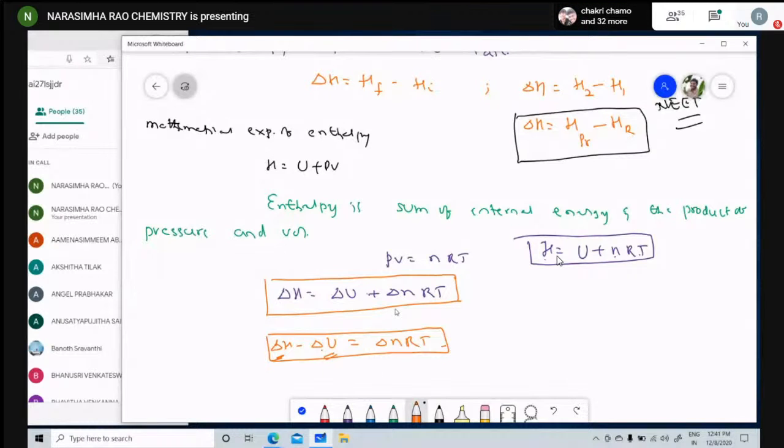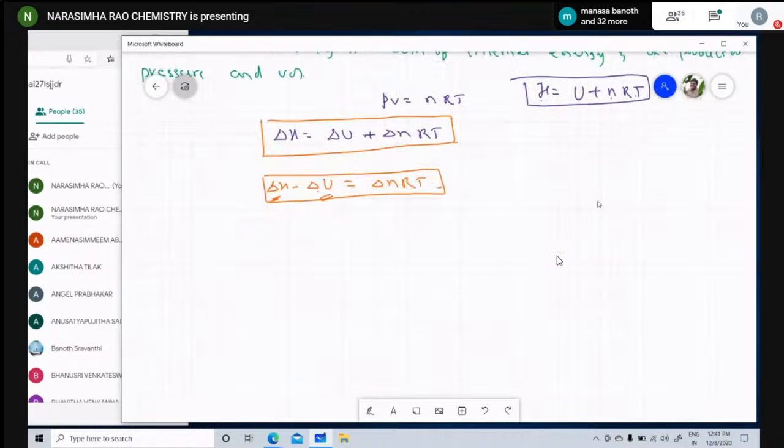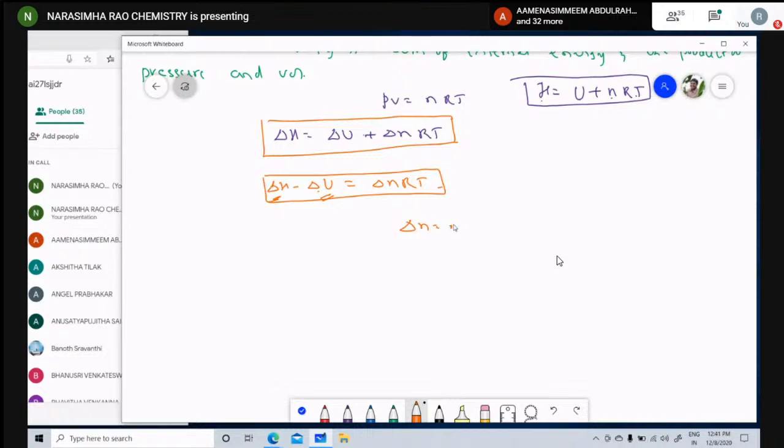Then what is delta n? Let me discuss. Delta n, for a chemical process, is the number of moles of gaseous products minus the number of moles of gaseous reactants. Right, children, this is the important one.